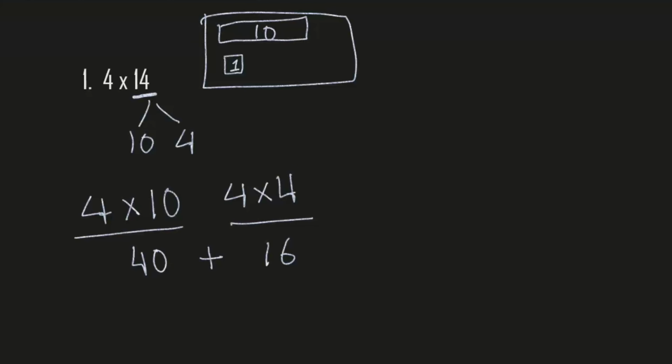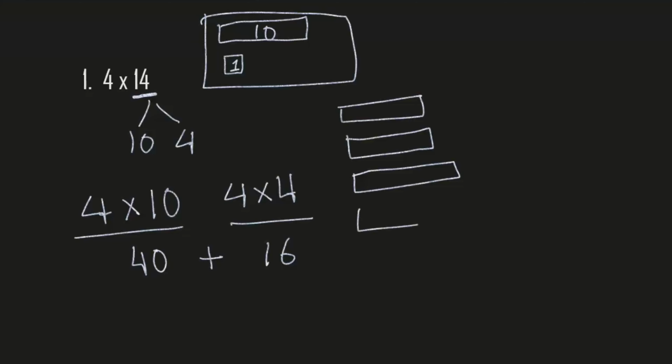Now, we have a 40 over here. So we're going to make 4 of the 10 blocks. So 1, 2, 3, and 4. Now this in total represents 40. Now let's draw a line over here, and now we're going to do 16.